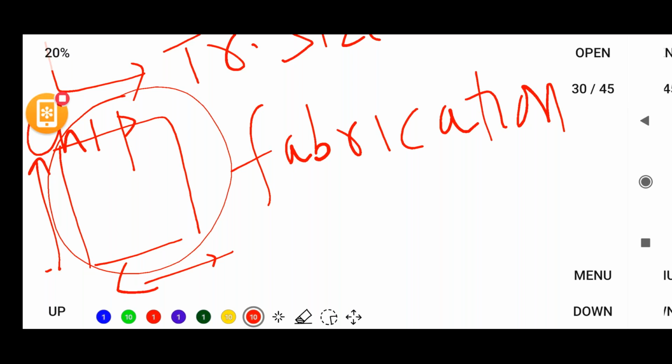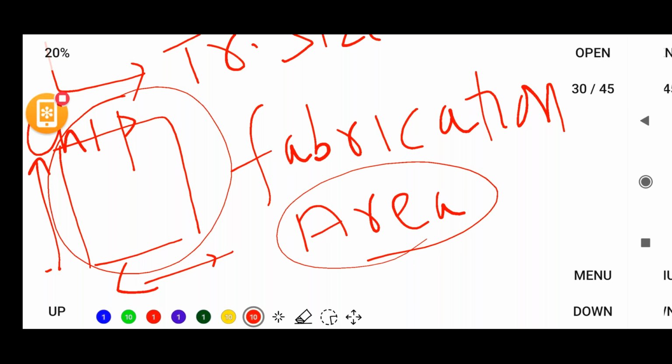I already told you the fabrication is your top level module, or an end product. In the end product, if you fabricate more transistors in a small area, then you have to go for the high density chip design. So that is an overview of the scaling technique.